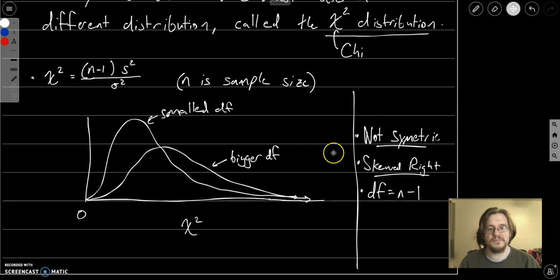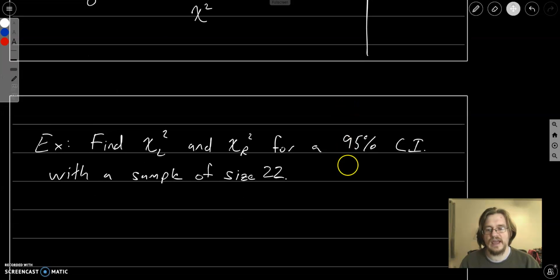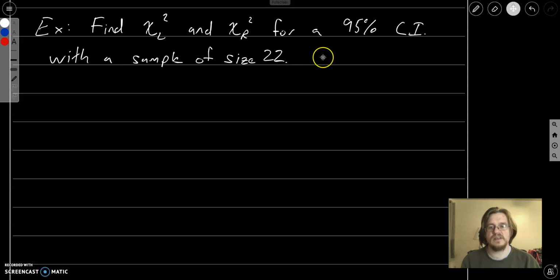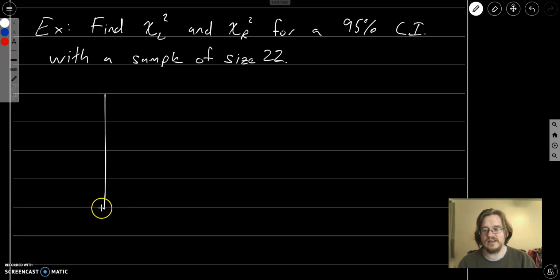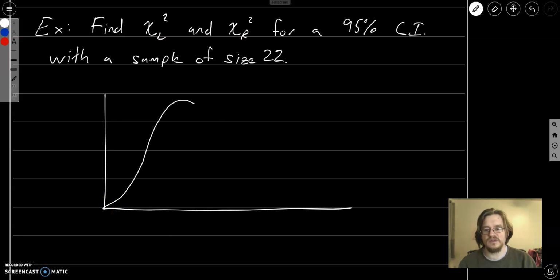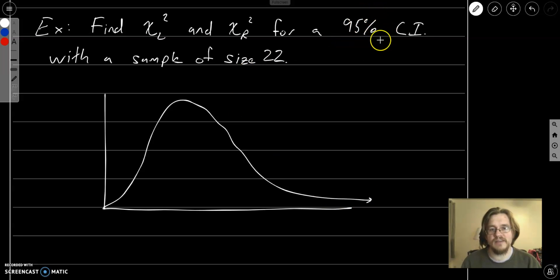So let's go through and calculate a couple things. I've introduced this question, but I'll need to tell you a couple terms: chi L squared and chi R squared. When we are looking at the chi-squared distribution, which looks something like this, we're told that we have a 95% confidence interval that we're trying to construct.